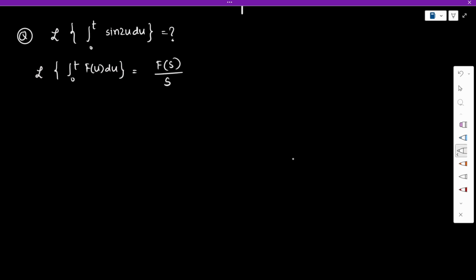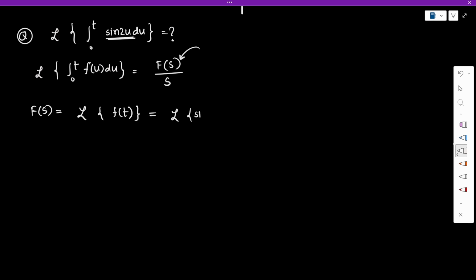So the first step is we need to find F(s). What is F(s)? F(s) is actually the Laplace transform of f of t, right? This is going to be a capital letter, I'm sorry, because I have denoted the frequency domain with a capital letter. So F(s) is the Laplace transform of f of t. And what is f of t?